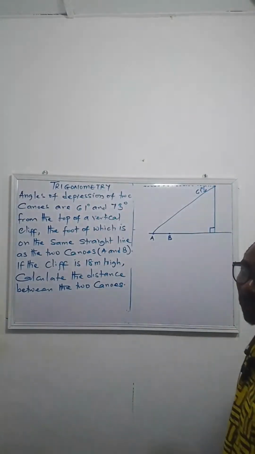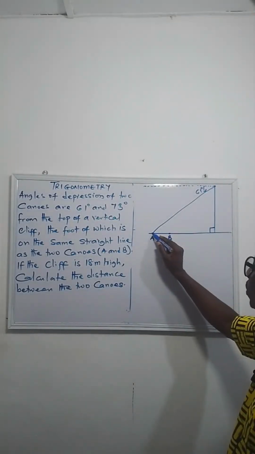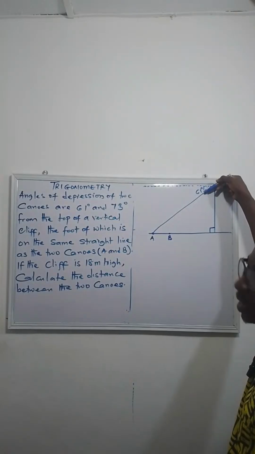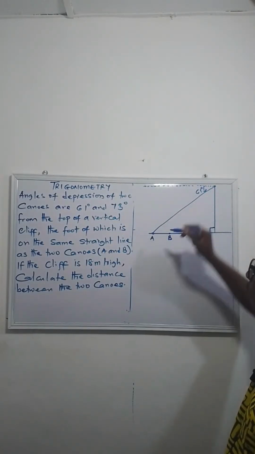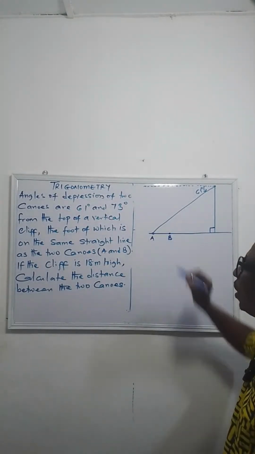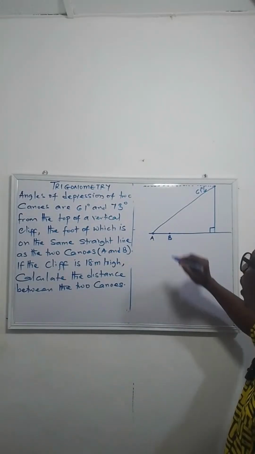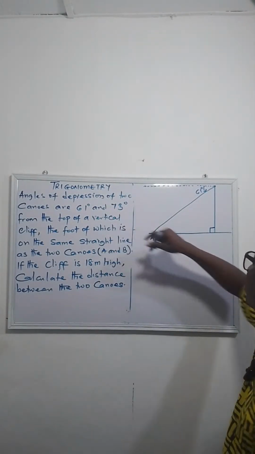The observer is looking at the first canoe, canoe A. Now, he is also viewing the second canoe at what angle? 73 degrees.